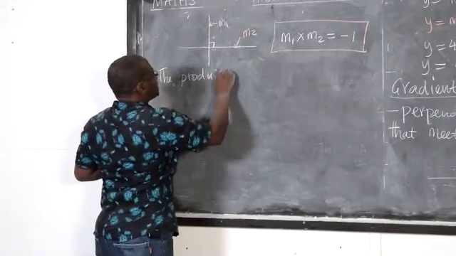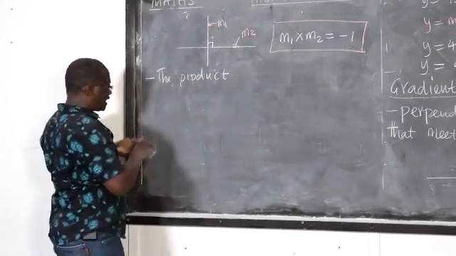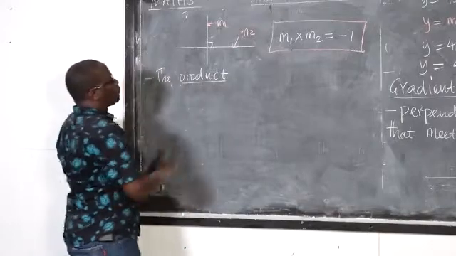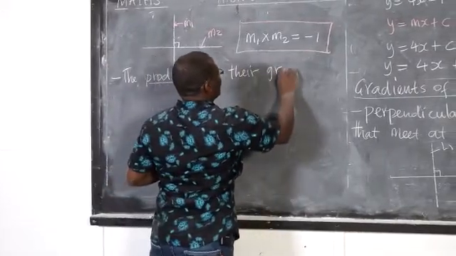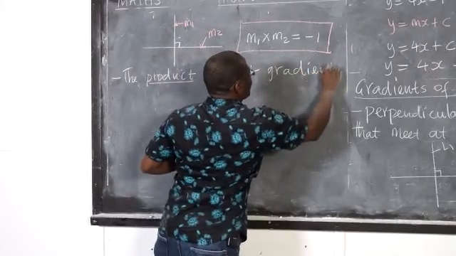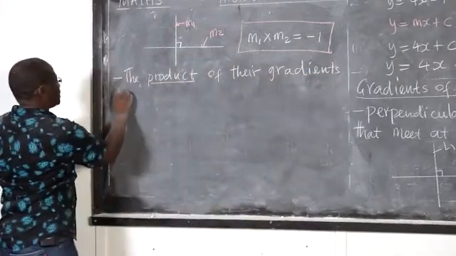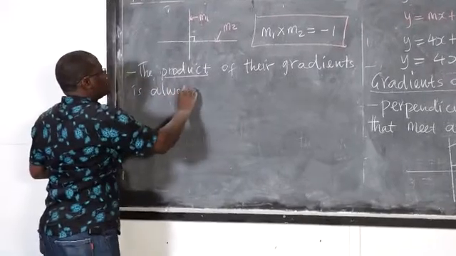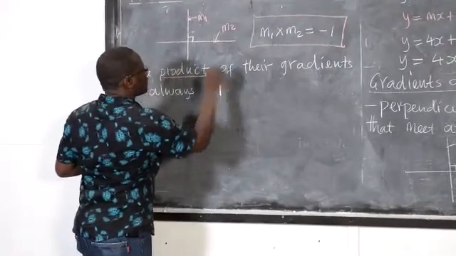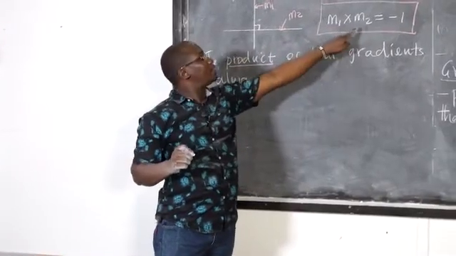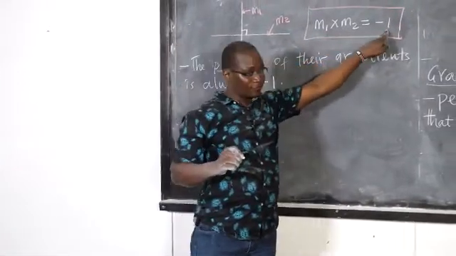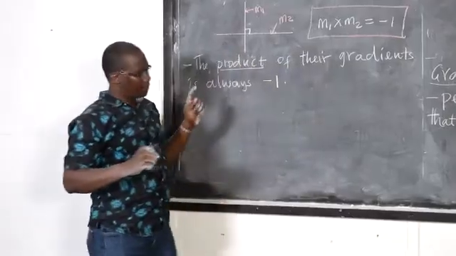When I talk about product, I talk about multiplication, so underline that. When you multiply their gradients, you should always get -1. So remember that.